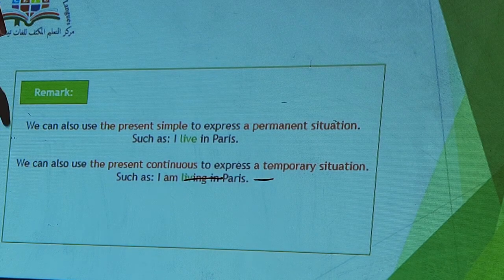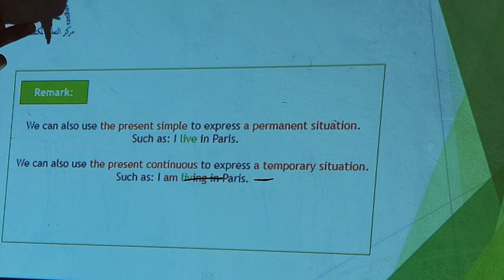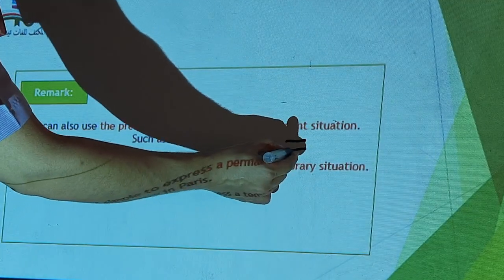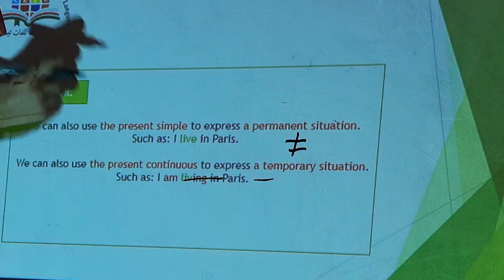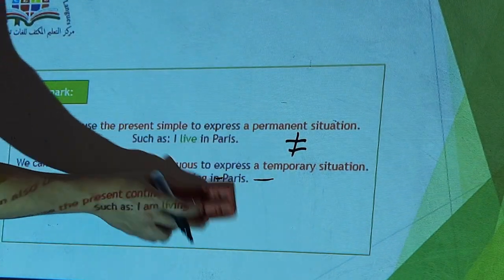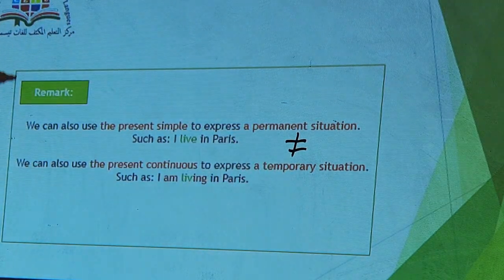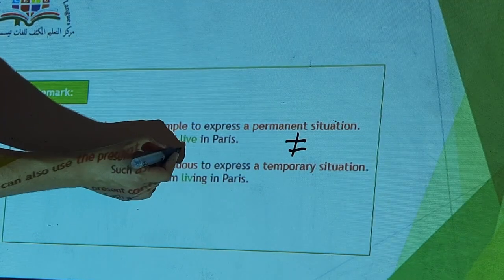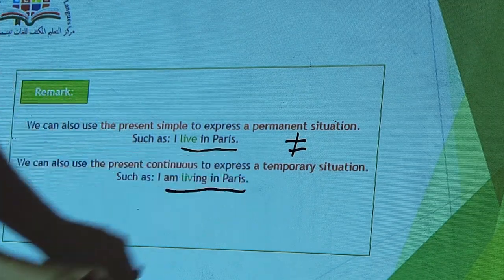We can also use the present continuous to express a temporary situation, which is the total opposite of a permanent situation, such as I am living in Paris. Okay, let's explain these two sentences. You might ask yourself, what's the difference between I live in Paris and I am living in Paris?